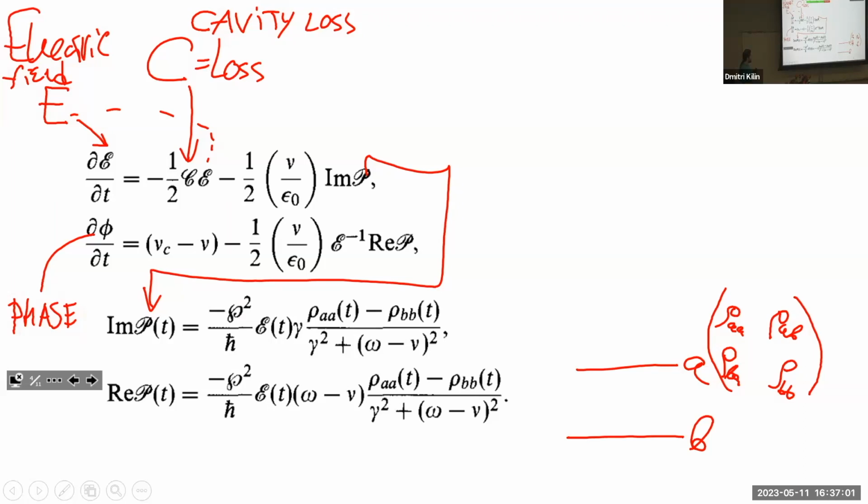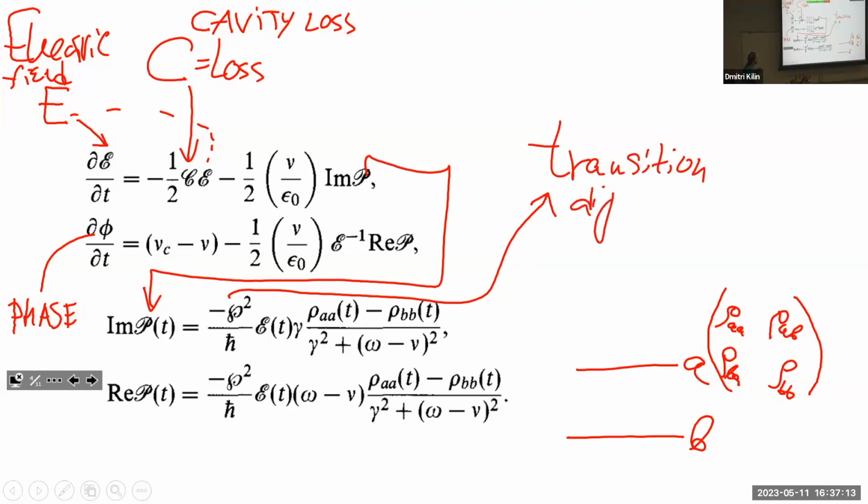Yes. In front of the electric field strength. Transition dipole. Why? Thank you, Dimitri.